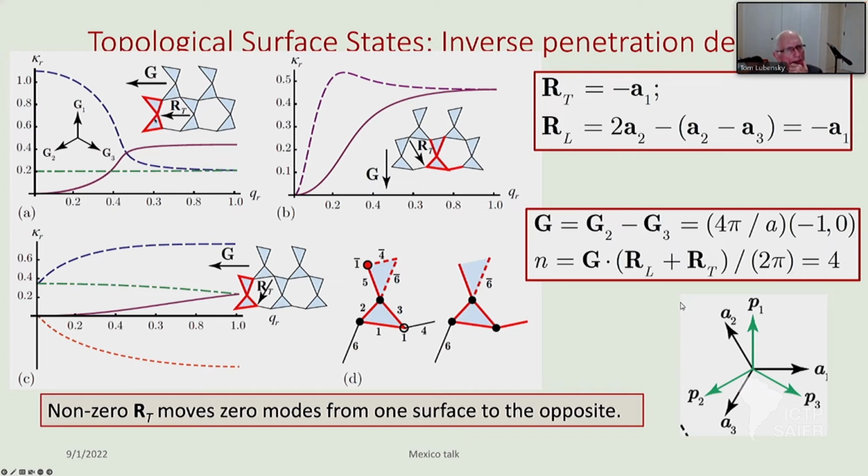So it's pointing in the X direction, and that's equal to 4 pi over A times (minus 1, 0). So the number of zero modes that we have is equal to G dot (RL plus RT) divided by 2 pi. And you can see that that is indeed the case. We have this A1 dotted in the vector that's twice the G that goes that way. So that product is 2. And we then get that we have 4.